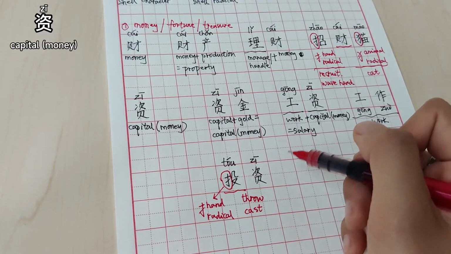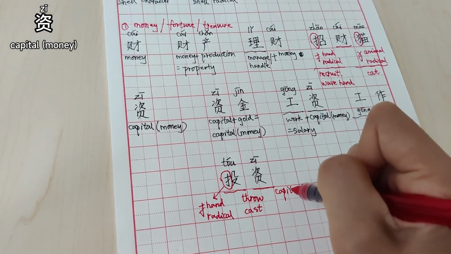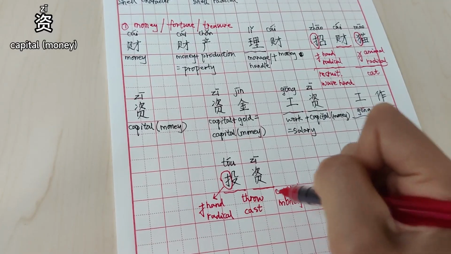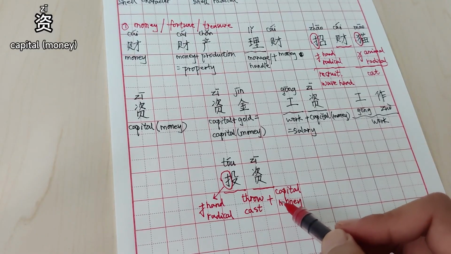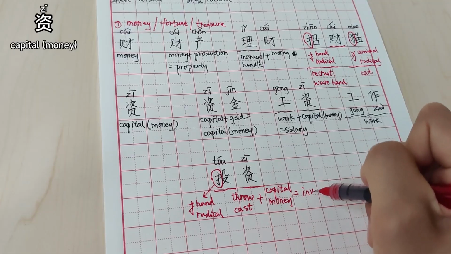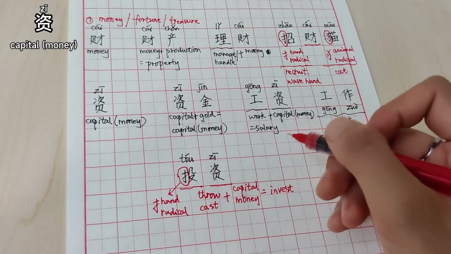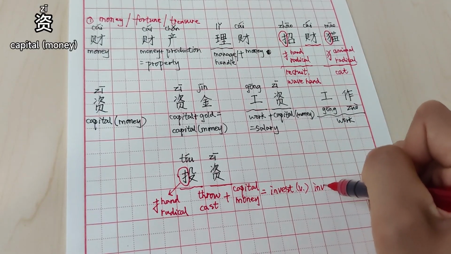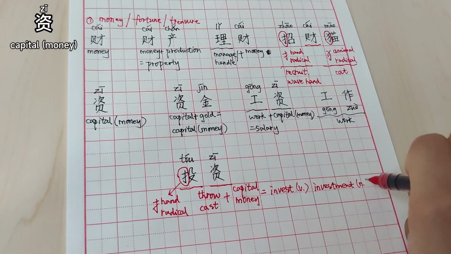And then 资 is the capital, the money. So you throw the money, you cast the money somewhere, and that makes invest. It could be invest as a verb or just investment as a noun.